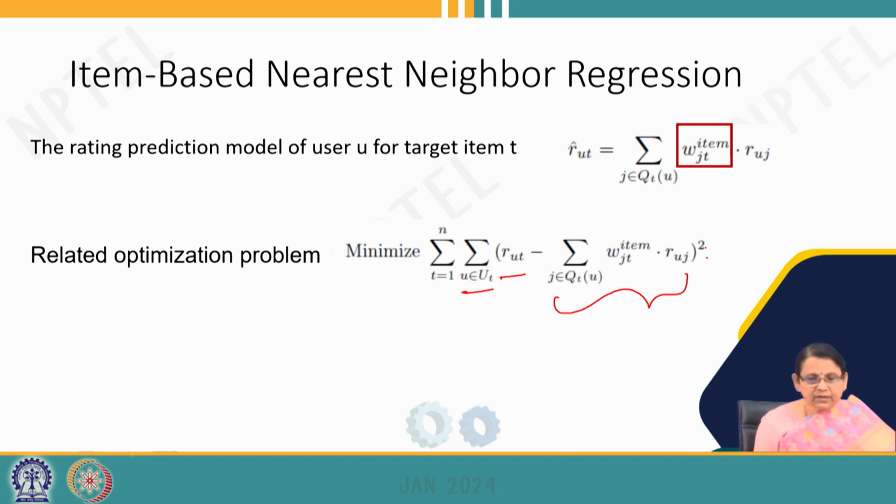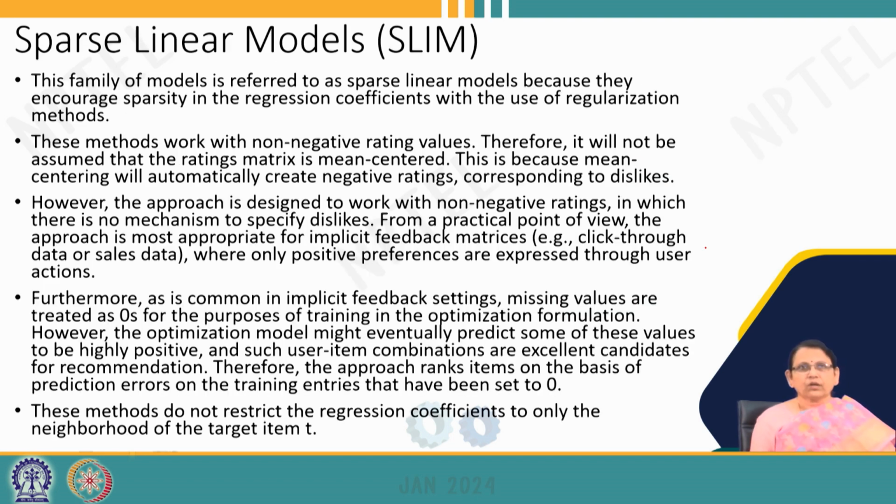Now, moving ahead, a more generalized model is the sparse linear model, which is also called the SLIM model. So, this SLIM model refers to a family of sparse models because they use the concept of regularization to make sure that sparsity is maintained in the data.